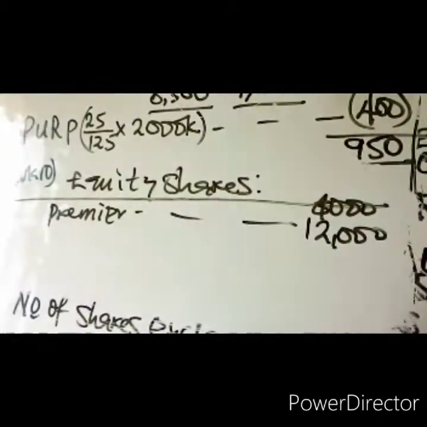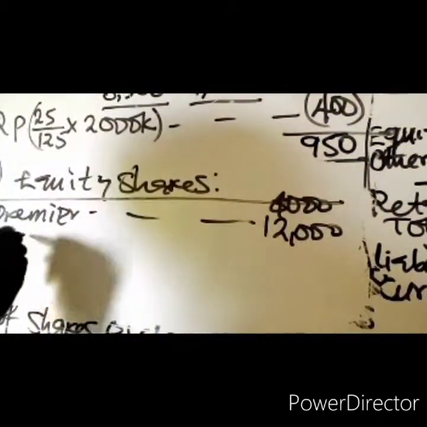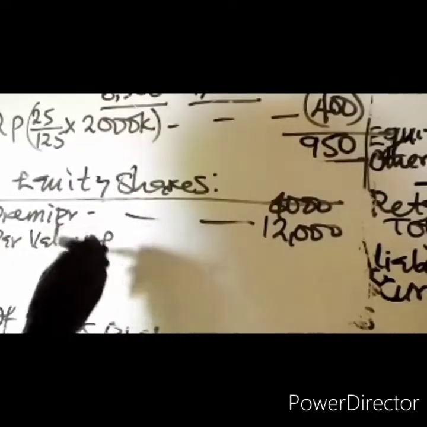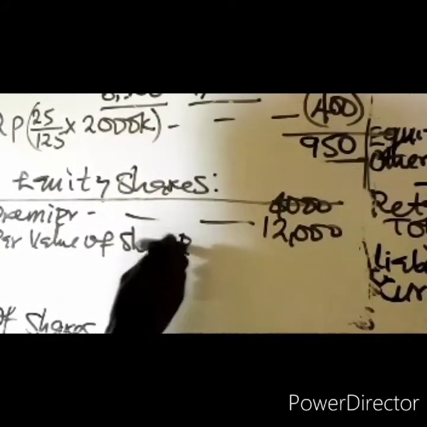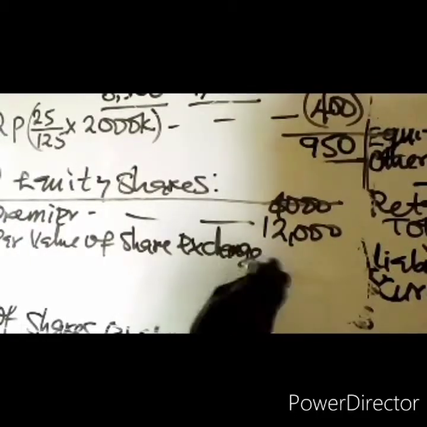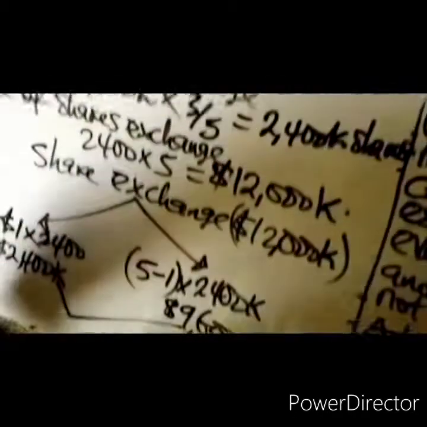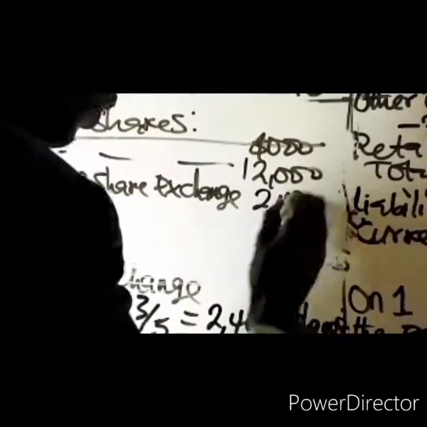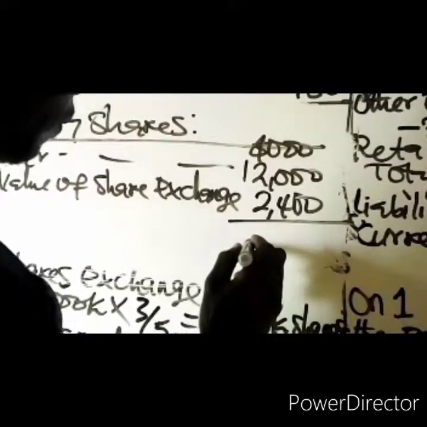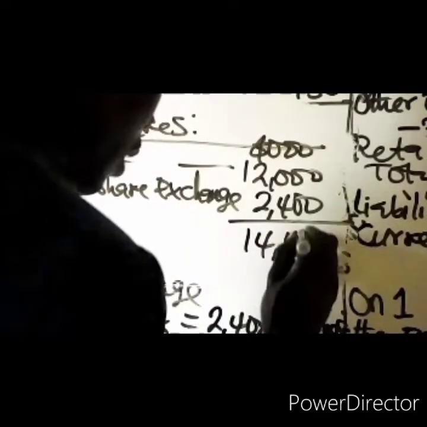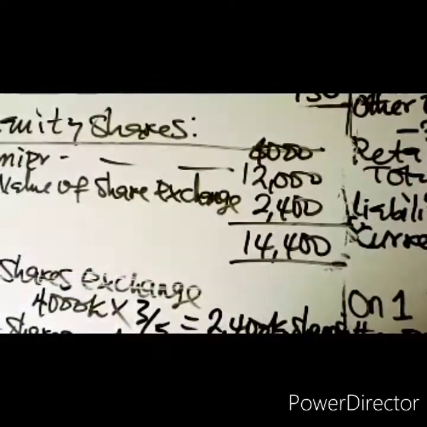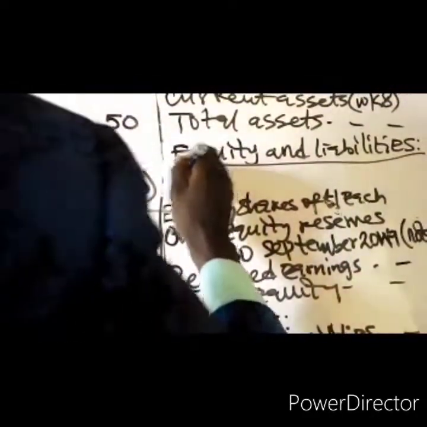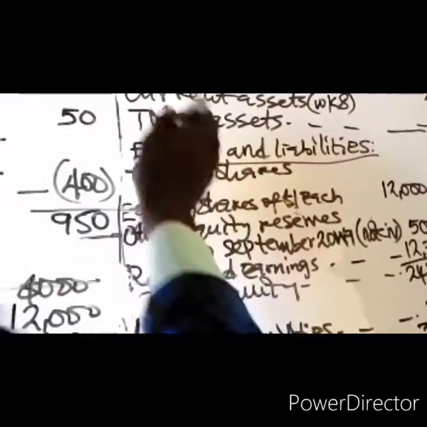You add the par value of share consideration or share exchange, which is 2.4 million. If you add the 2.4 million to 12 million, then you have 14.4 million. That is the amount that will appear as equity shares in the consolidated statement of financial position.